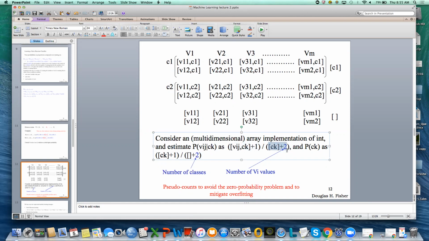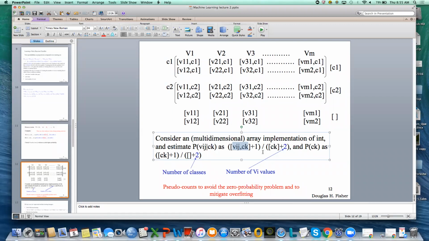So it will never be 0. If this is 0, this will be at least 1/2. This ratio will be at least 1/2.